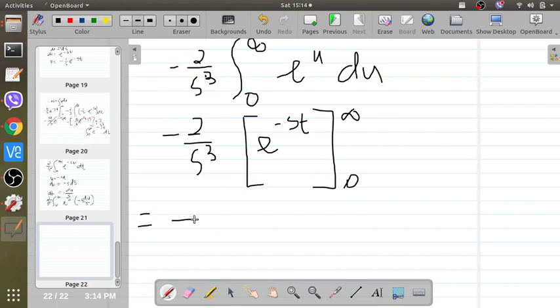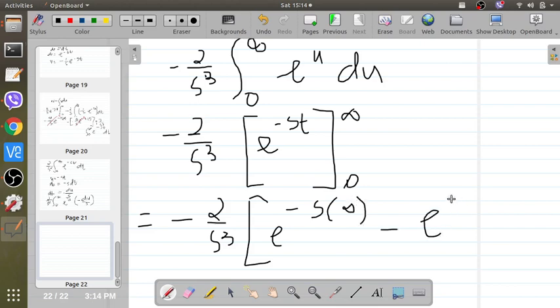So, negative 2 over s cubed multiplied by e raised to the power of negative s times infinity, minus e raised to the power of negative s times 0. Negative s times infinity gives e to that power equal to 0. Then negative s multiplied by 0 is 0, and e raised to the power of 0 is 1.